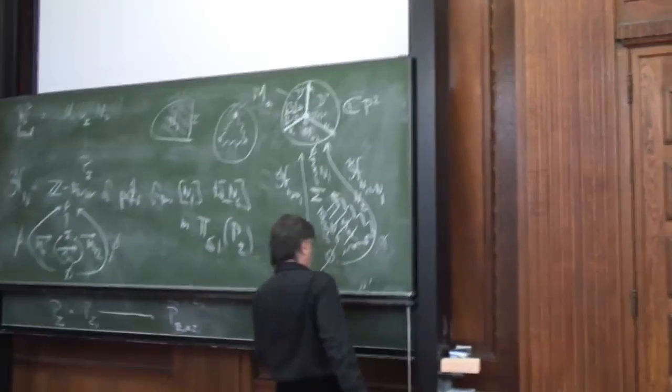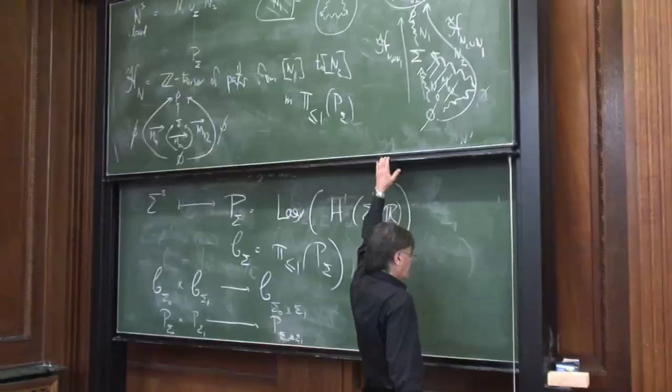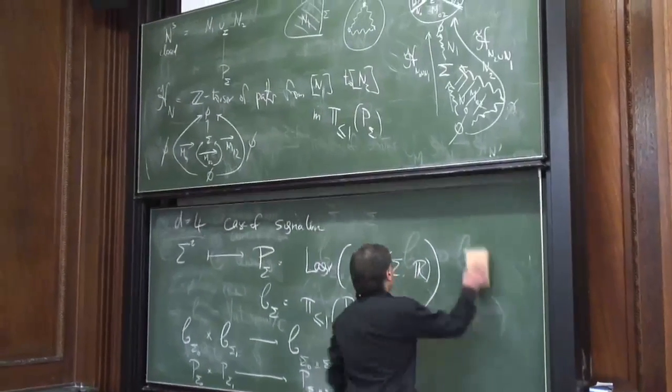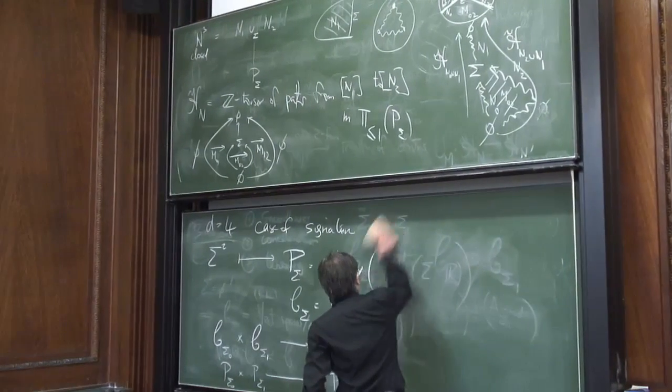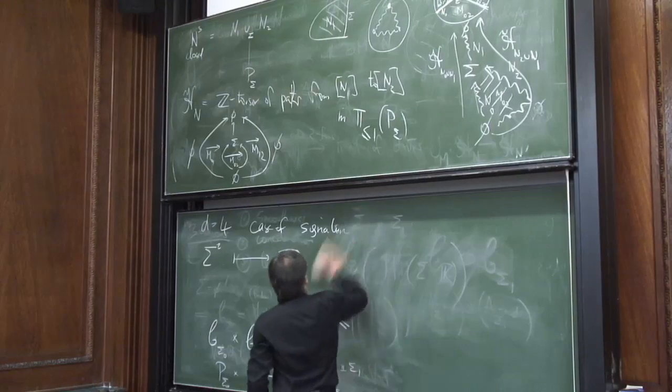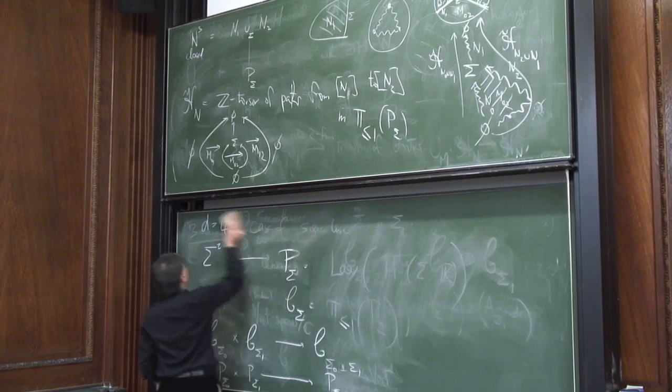But before quite doing that, let me spell out what happens in the case of a surface divided into curvilinear polygons.